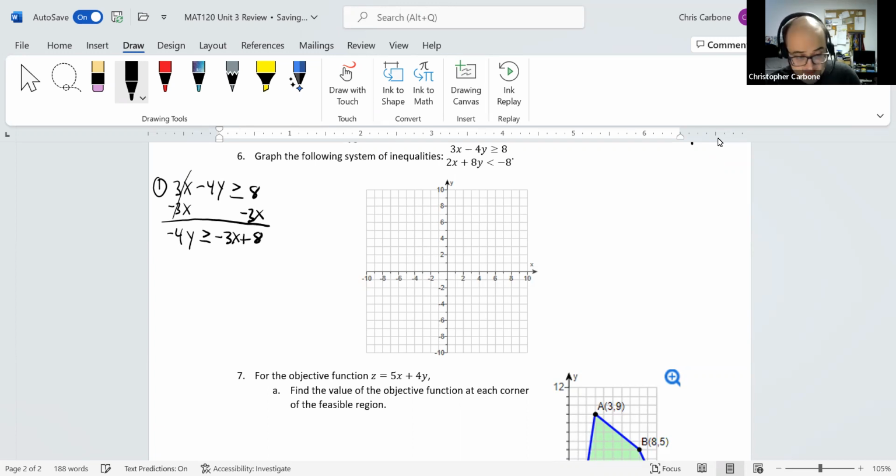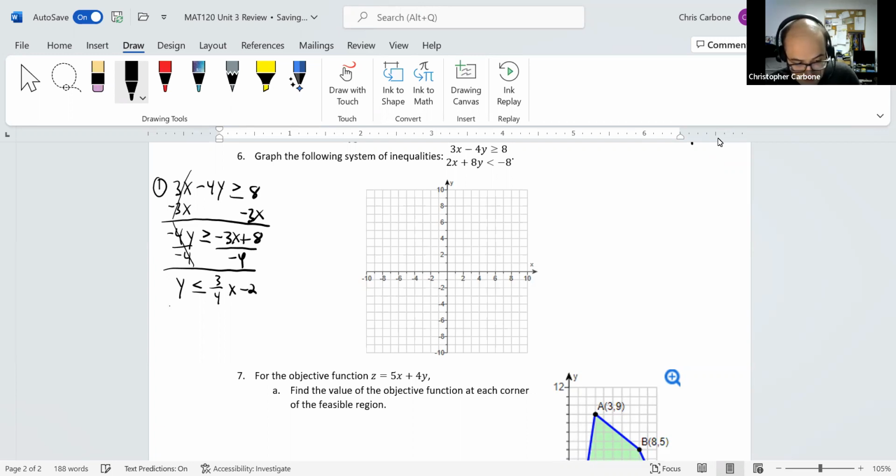And then divide by negative 4 from both sides. These negative 4's cancel. We get y is less than or equal to, since we're dividing by a negative number, positive 3/4 x minus 2.